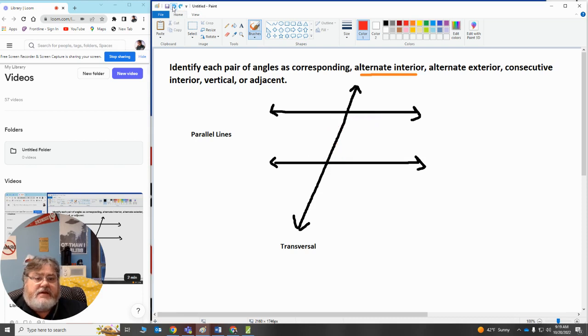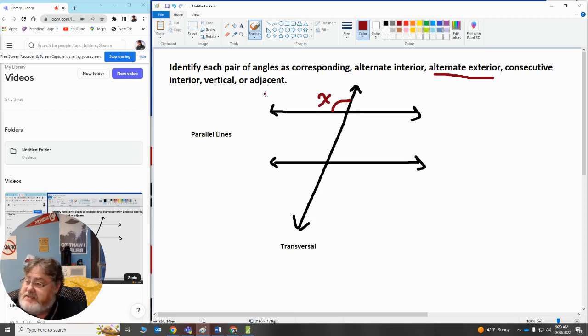Now, it's very similar to what's called alternate exterior angle. Remember, the exterior is on the outside of the parallel lines. An alternate exterior angle, we'll say that angle X, this could be angle X, and notice it's on the outside of the parallel lines.